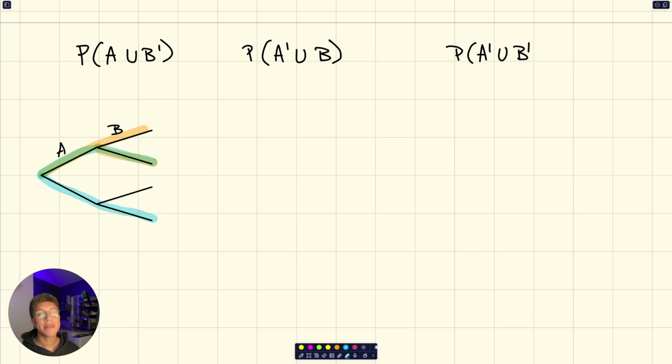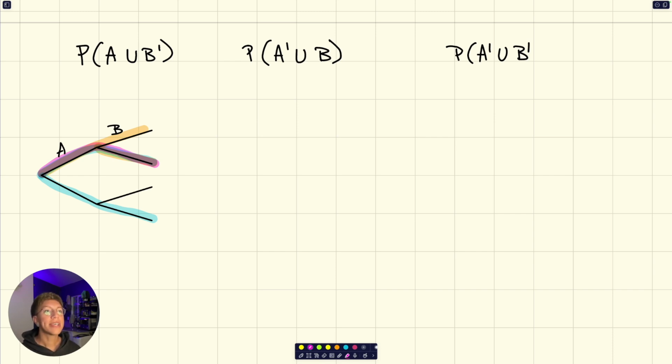And then we're looking for the place where A occurs and B not occurs, which is given by this second branch like that. So we can start to see a pattern that every time we do a union in this standard tree diagram with 2 branches and 2 more branches, it's always going to have three of the 4 branches highlighted. So you're going to add 3 of the branches together to get your union.